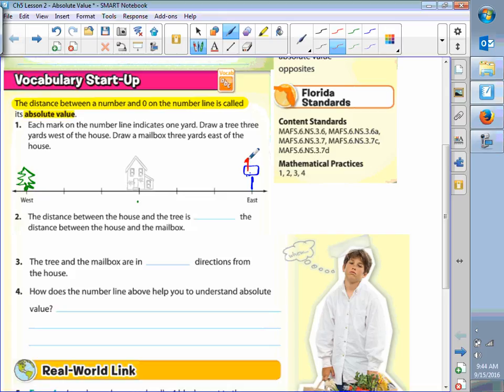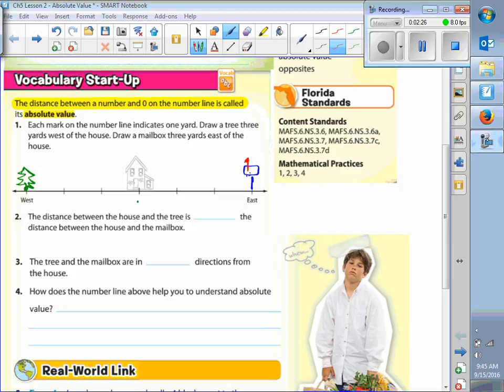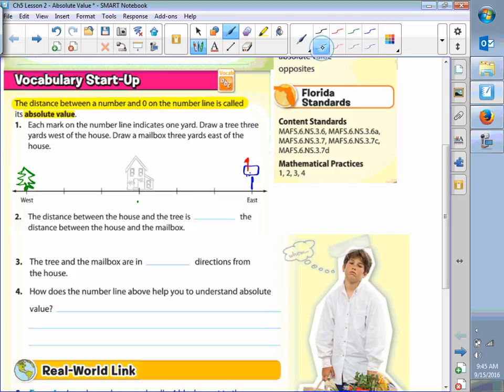Here, there's the mailbox. Okay. The distance between the house and the tree is blank. The distance between the house and the mailbox. If we're looking at the distance between the house and the tree, let's see how many jumps. 1, 2, 3 jumps to the tree, right?